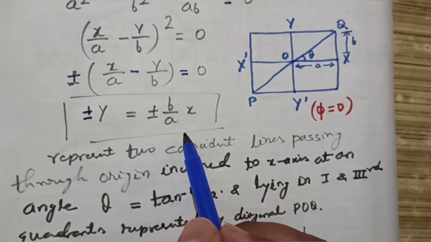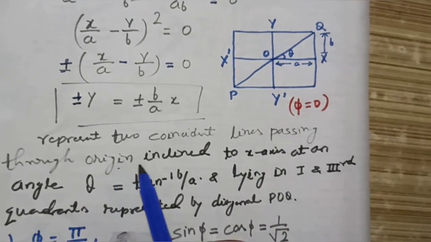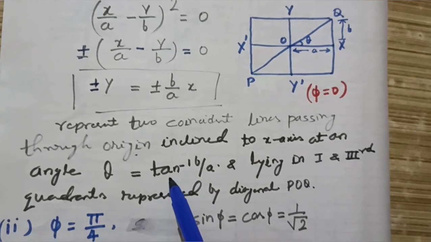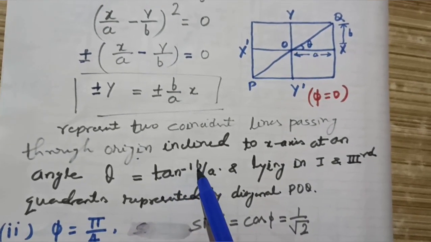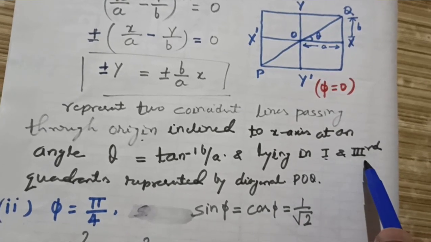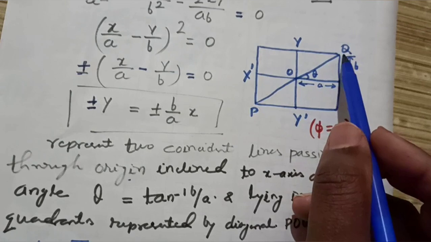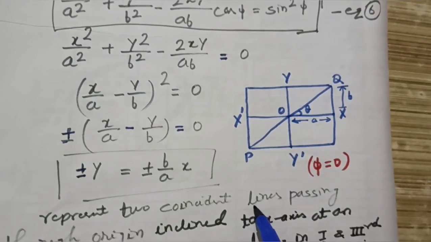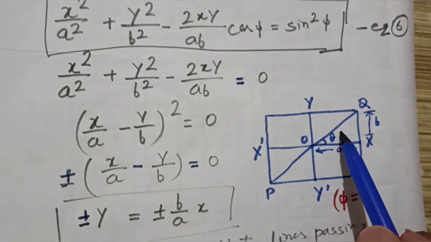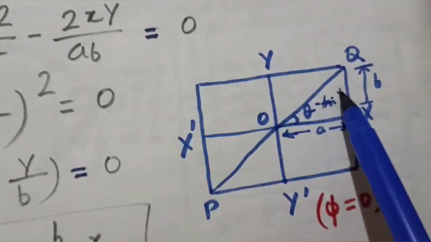What does it represent? It is representing two coincident lines passing through the origin, inclined to the x-axis at an angle theta, which is equal to tan inverse b upon a, and lying between the first and third quadrant, represented by this line POQ. You are seeing these two coincident lines passing through the origin, and this theta is tan inverse B upon A, as I have earlier explained to you.